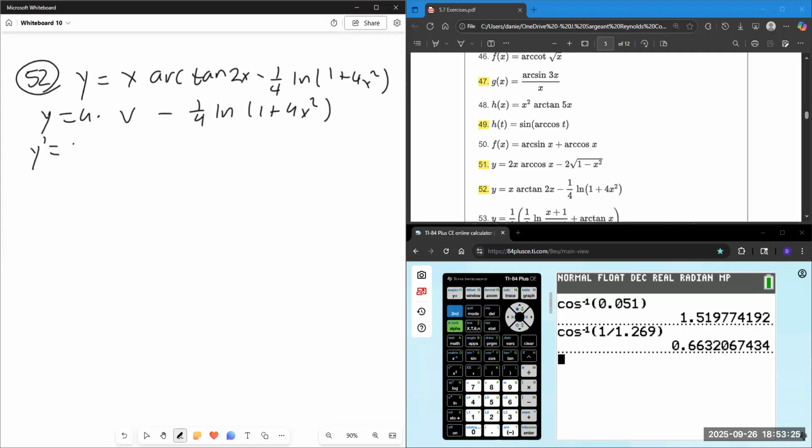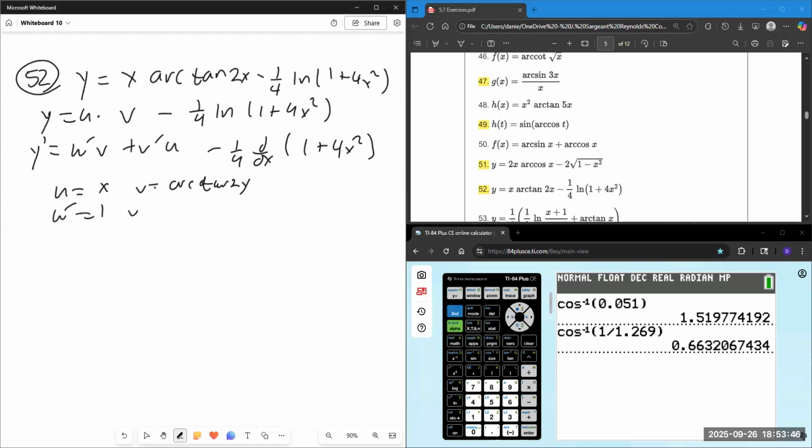Y prime is u prime v plus v prime u minus 1/4 derivative with respect to x of 1 plus 4x squared. U is x and v is arc tangent of 2x. U prime is 1 and v prime is 2 over, no square root in arctangent, 1 plus 4x squared in the denominator.